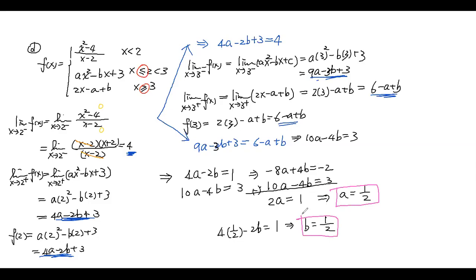So when a is equal to 1/2 and b is equal to 1/2, if these two conditions are satisfied, then f of x is continuous from negative infinity to positive infinity. That means f of x is continuous on the real number line.